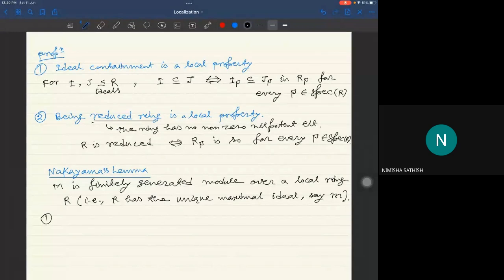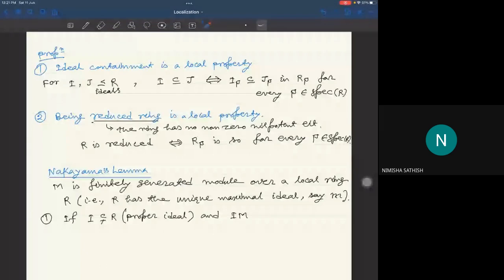If you consider any proper ideal I, and I times M, any element of this is a finite sum of elements ai times xi, where ai comes from the ideal I and xi comes from M. You can verify that this is an R-submodule of M. When this submodule is the same as M, where I is a proper ideal, you can conclude that M is 0.